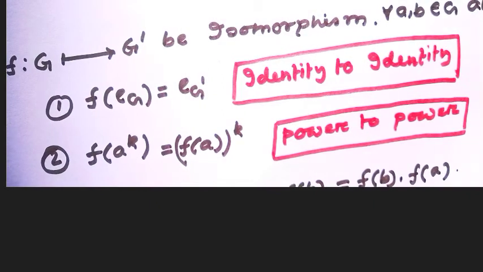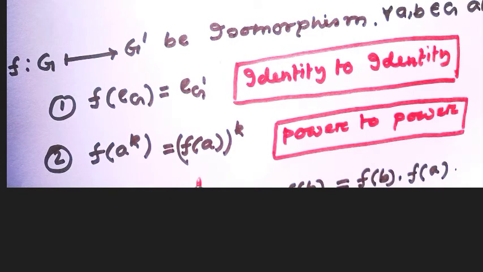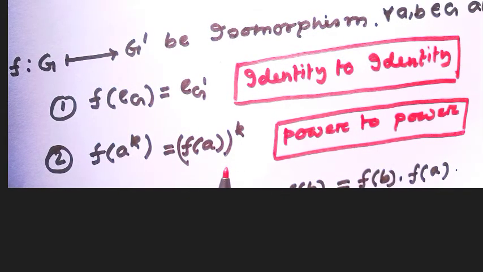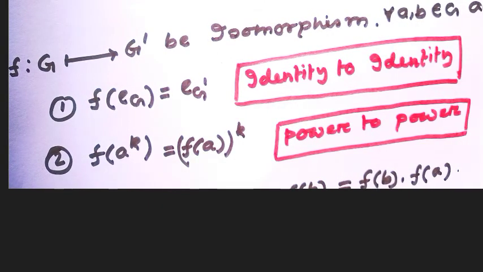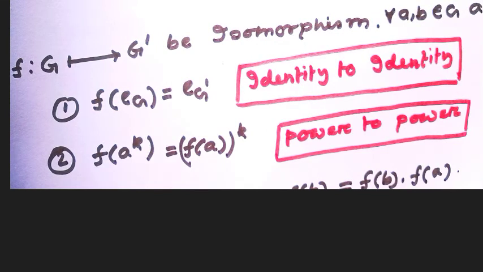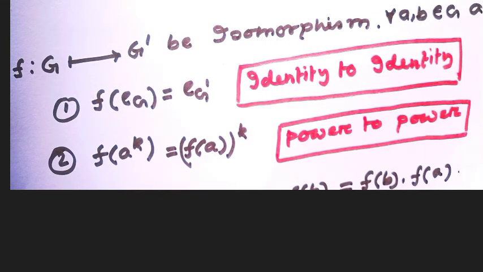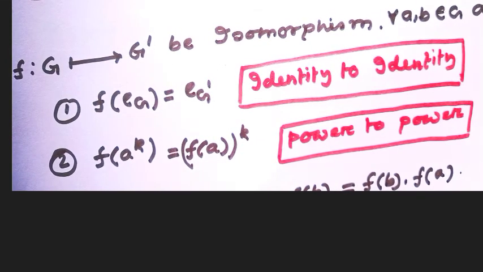And the second property is f of a to the power k is always equal to f of a to the power k. That means it associates powers of elements in one group to powers of elements in the other group. Are you getting it? Well, and if k is negative, then what would it be? All of us know a homomorphism sends inverse to inverse. So it is true for all k.